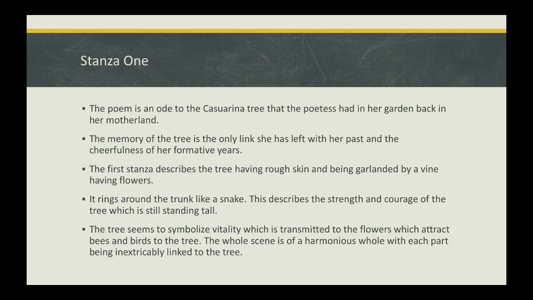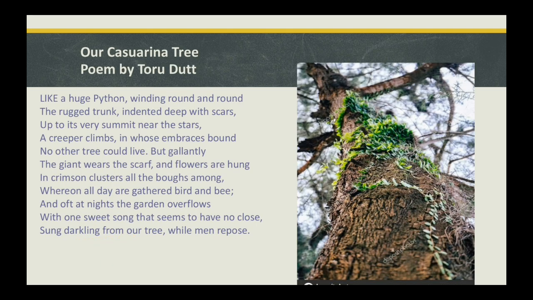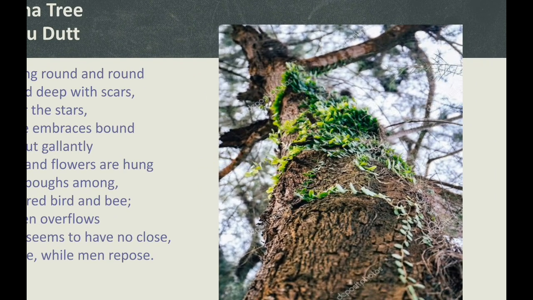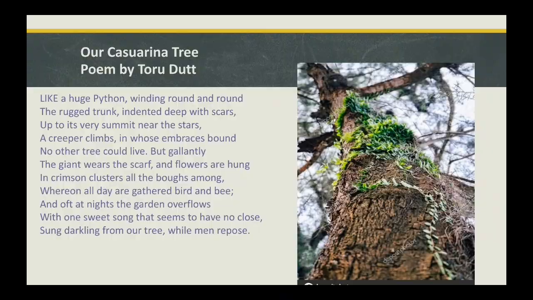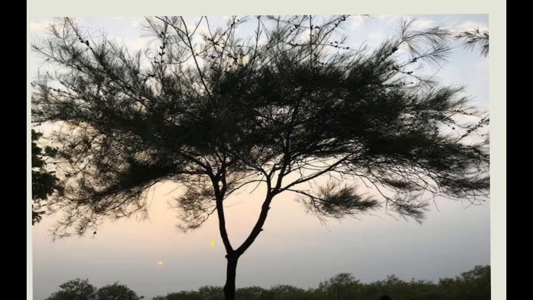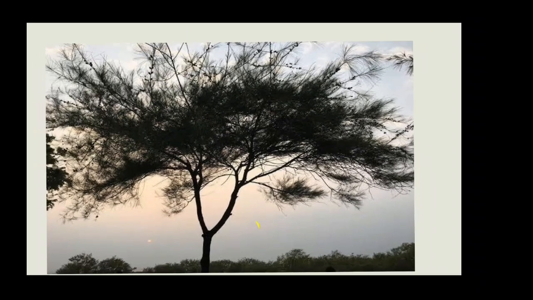The poem is an ode to the Casuarina tree that the poetess had in her garden back in her motherland. The poet addresses a Casuarina tree which was there in her garden, not as in this picture. A huge Casuarina tree was there in her garden.